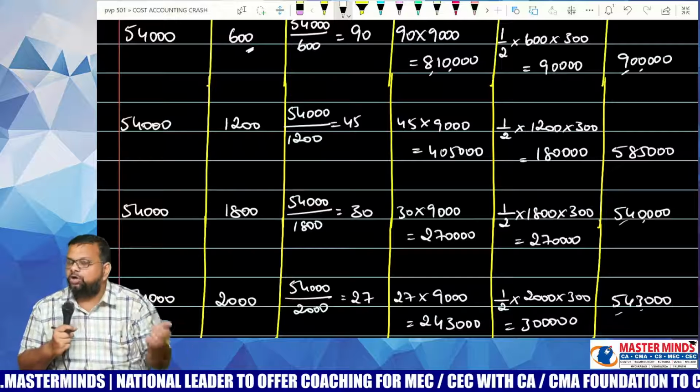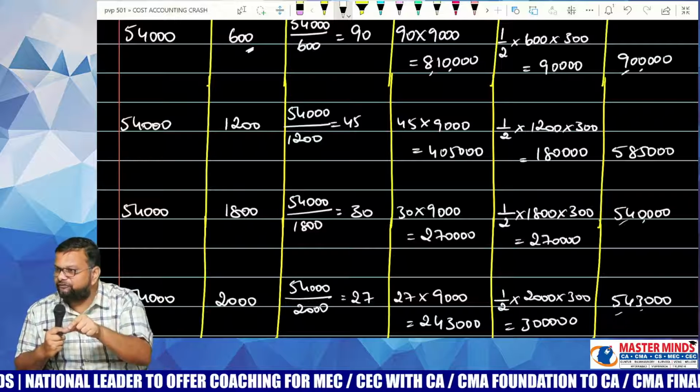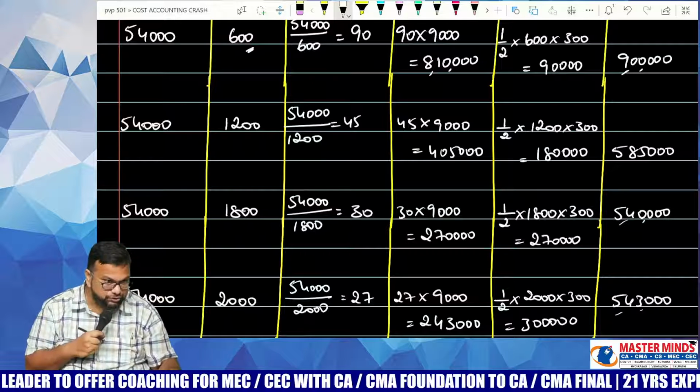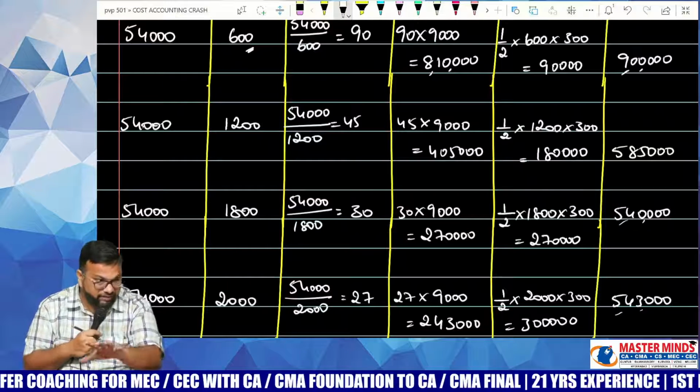Nothing but total ordering cost equals total carrying cost equals half of additional cost. So these are the relationships that we will get from this table.